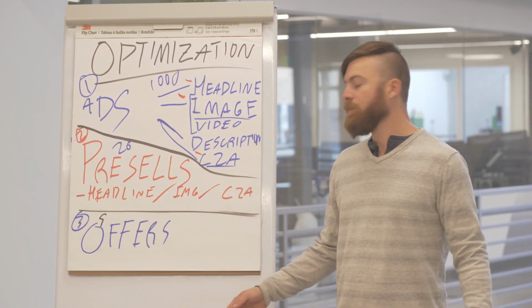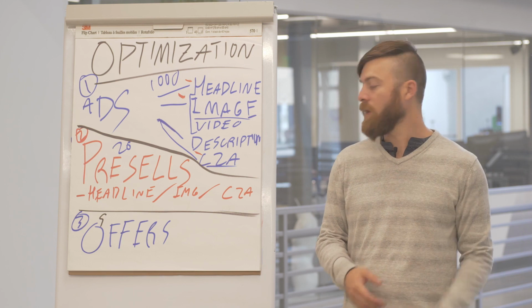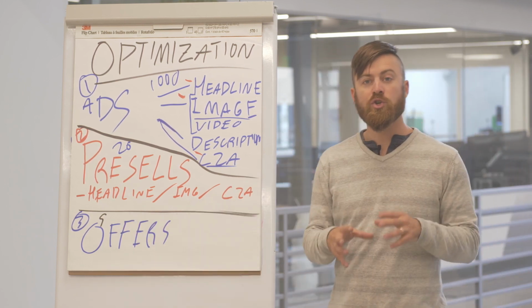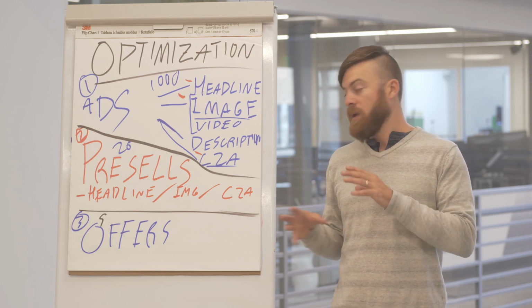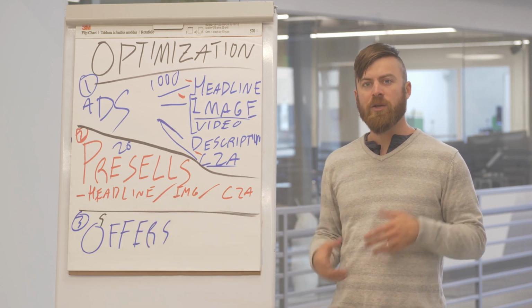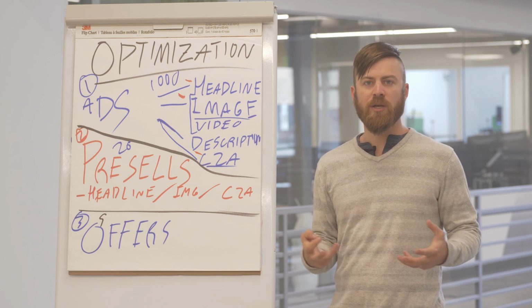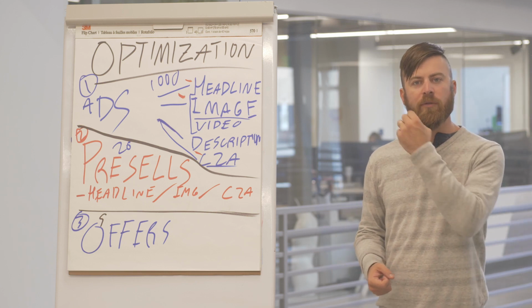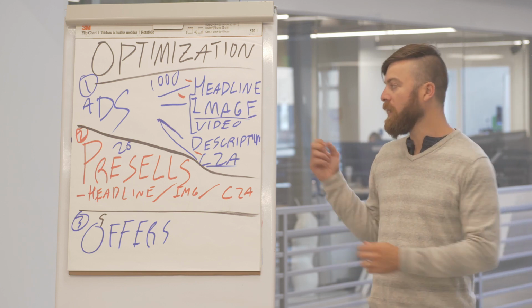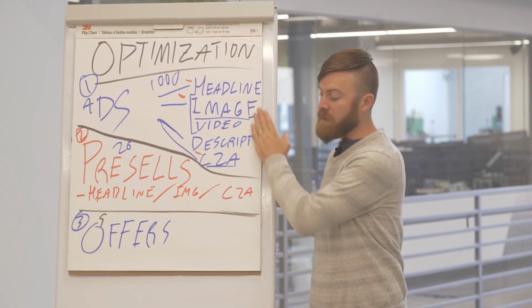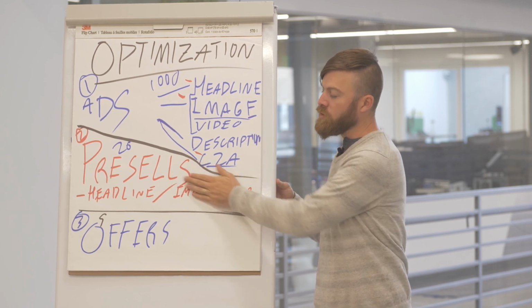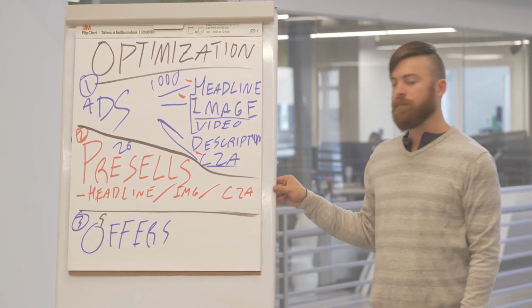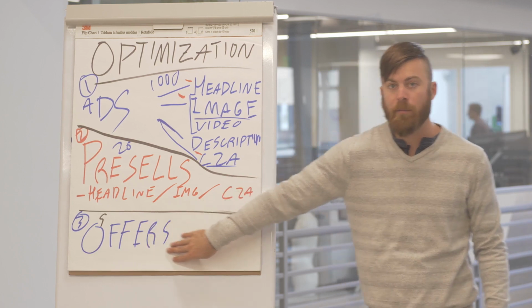And out of that 5, maybe one buys, okay? You don't have a lot of action to test your approaches here. That's why it's so important to go with an offer that works, that you know is going to make money. If you're doing the ads that are getting the clicks, and the pre-sale pages that are getting the click-throughs, it should just spit out money here.